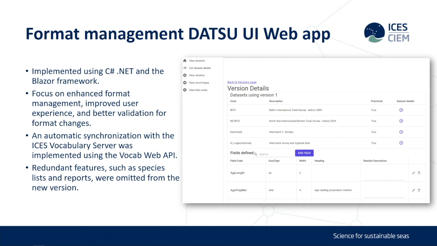When doing this work, we were focused on trying to enhance the format management experience and have better validation for format changes so that data managers are less likely to make mistakes while modifying a data set, as well as trying to remove some of the features that we found are redundant after 20 years since the system was created.